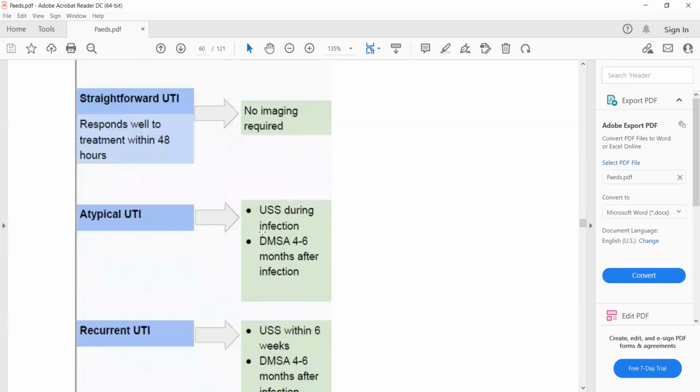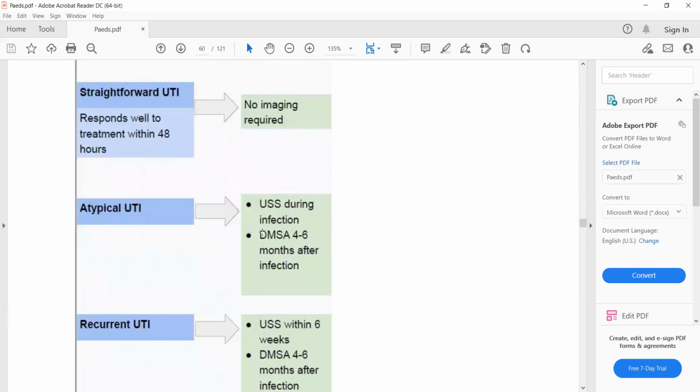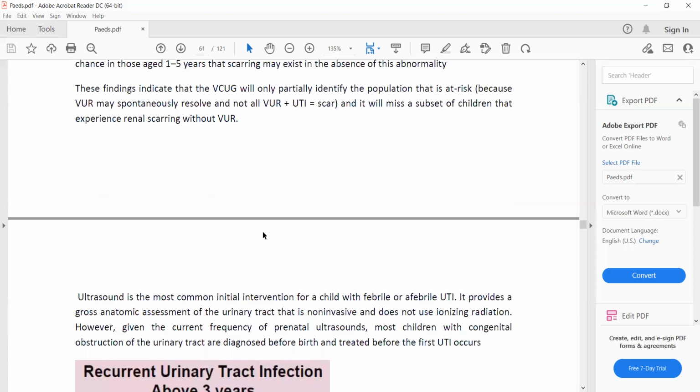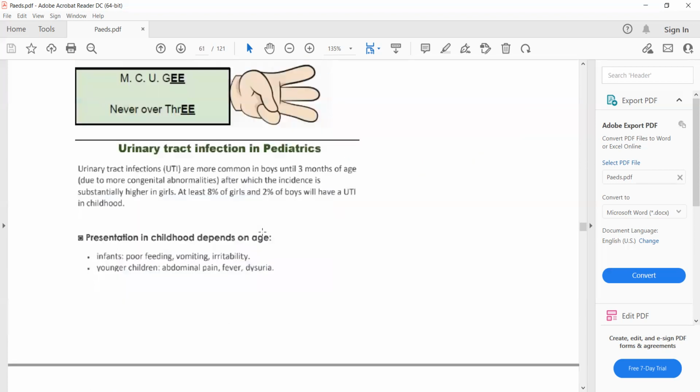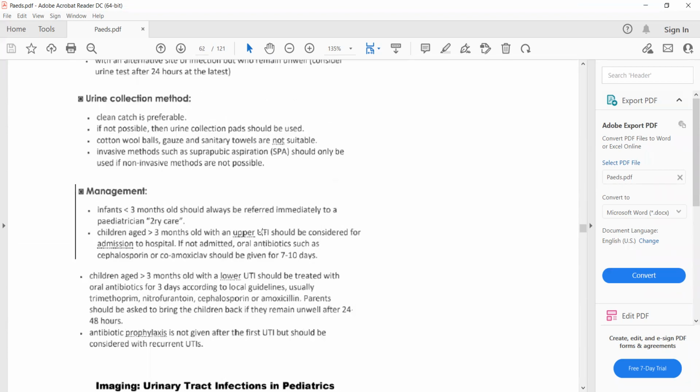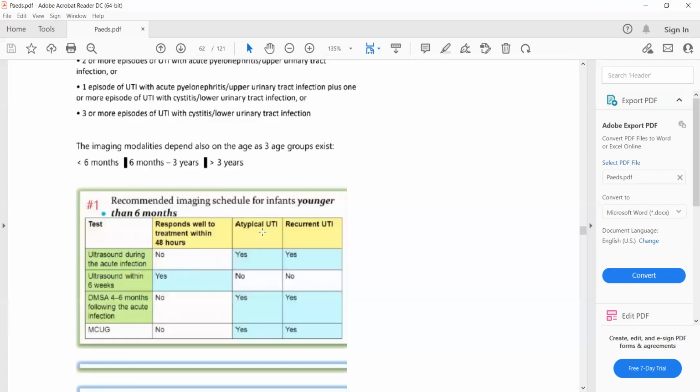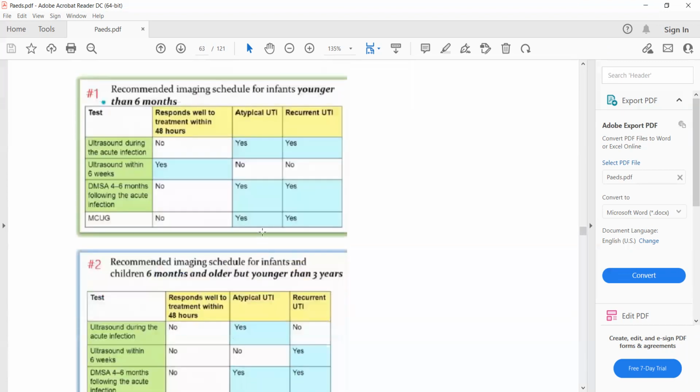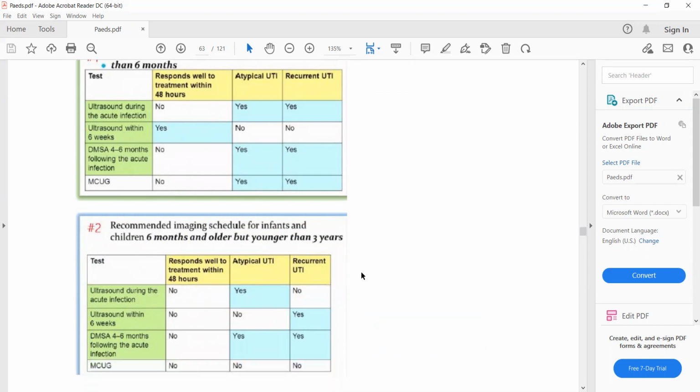Now, imaging schedule for children. Imaging schedule for infants and children who are 6 months and older, but younger than 3 years.